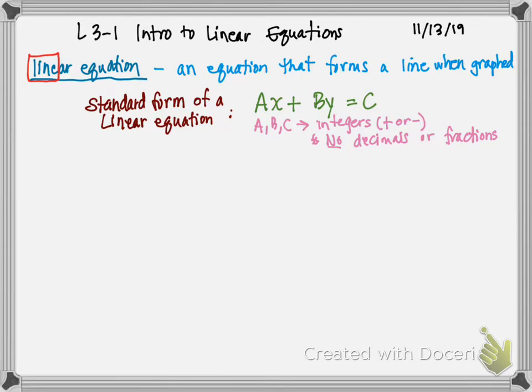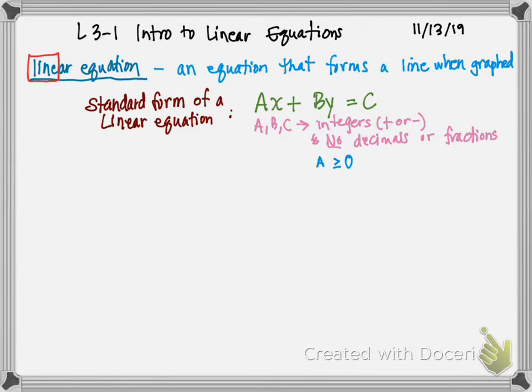So for that, A is going to be greater than or equal to 0. And you're like, well, wait a second. How can I get a line if the A value equals 0? Because wouldn't that eliminate x? Can I get a line if I just have a y and a number? And the answer is yes.